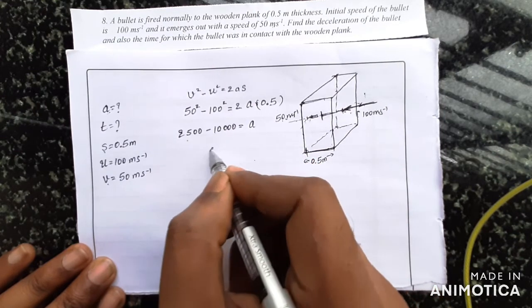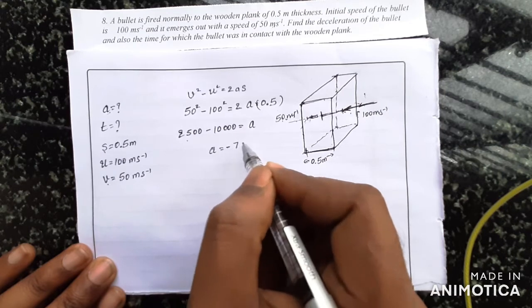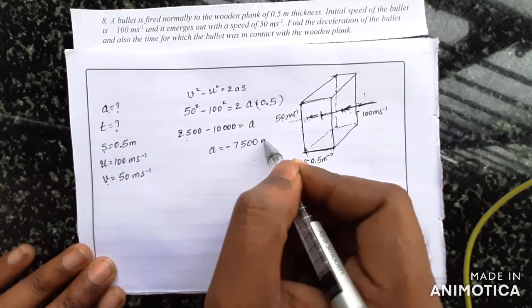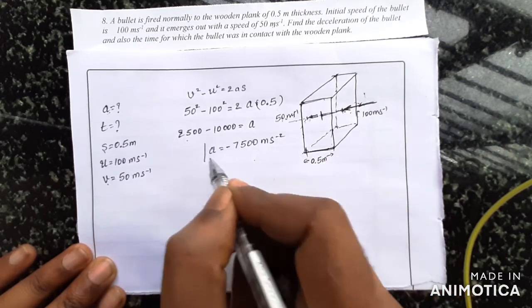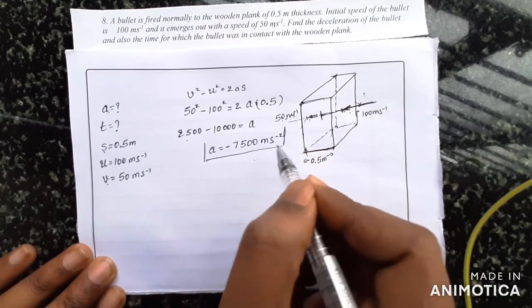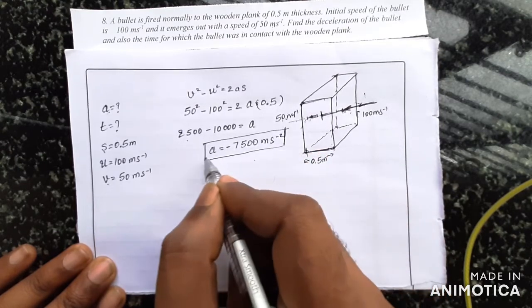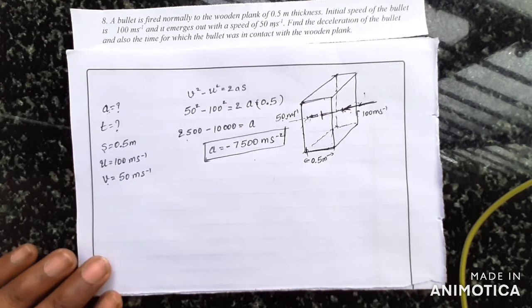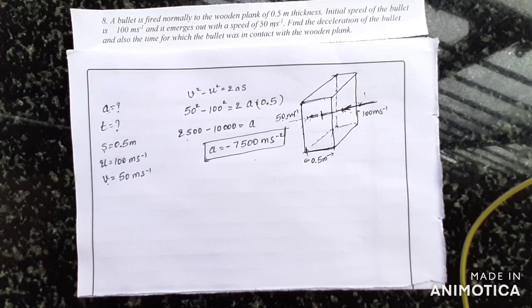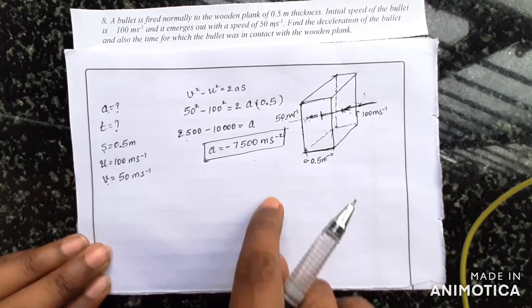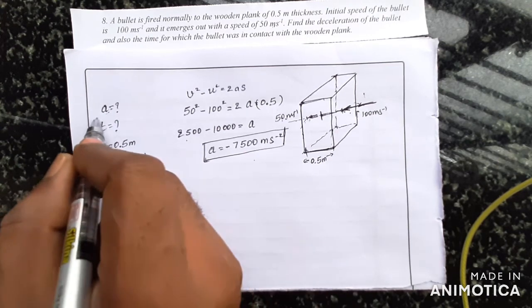2500 minus 10,000 will be minus 7,500 meter per second squared. Huge acceleration, a very huge acceleration of the bullet, which is minus 7,500 meter per second squared. So one of the values is calculated.